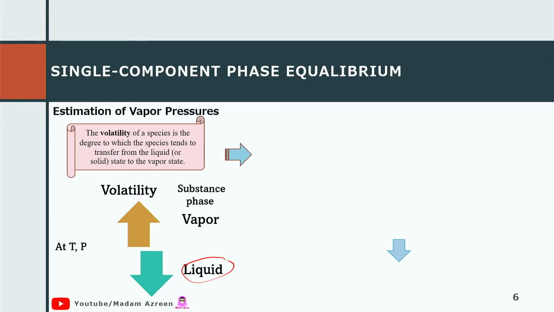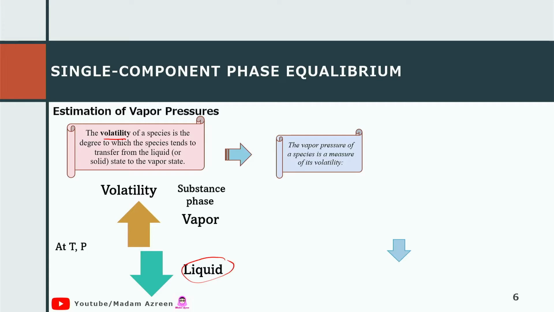I believe you already heard what is volatile. Same meaning, but here we measure this volatility by using vapor pressure. So later on we say it as vapor pressure. We no longer use the word volatility.